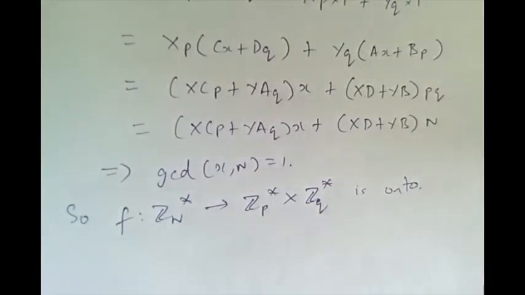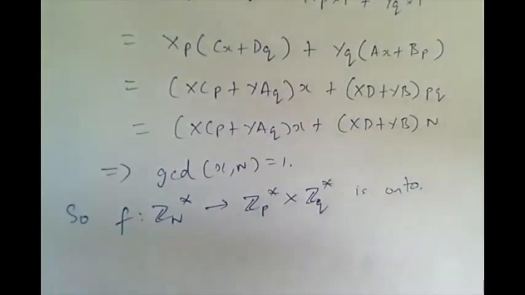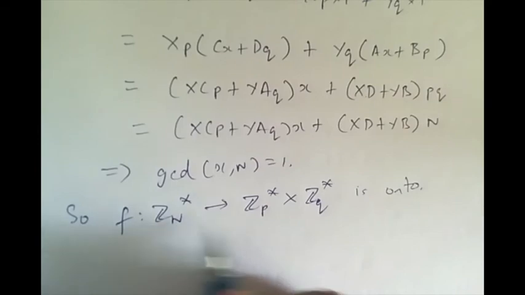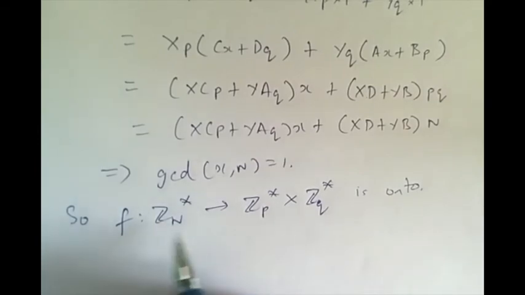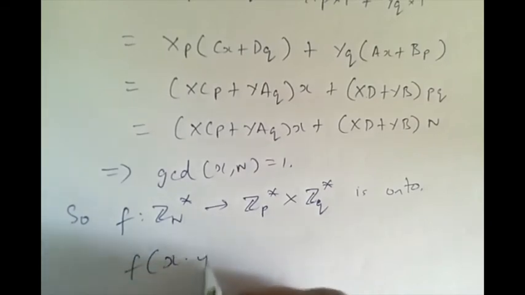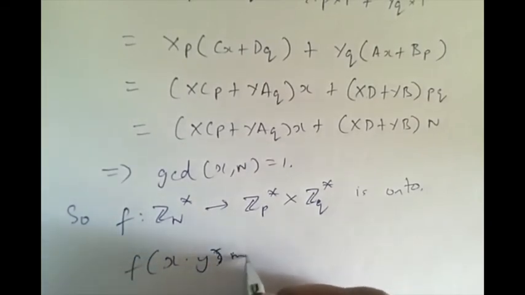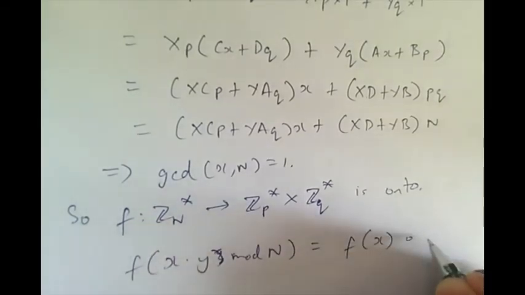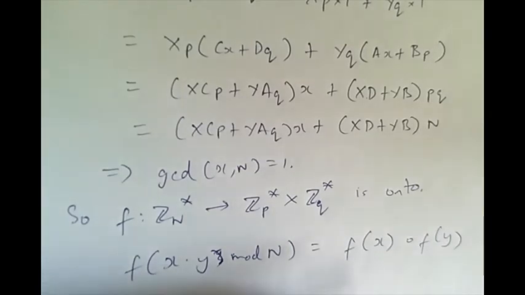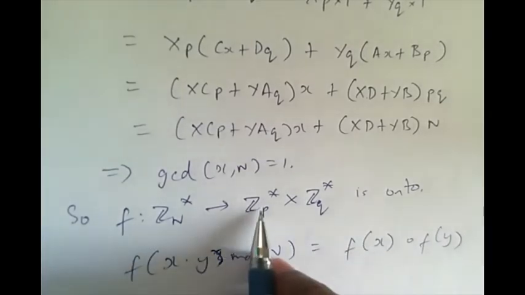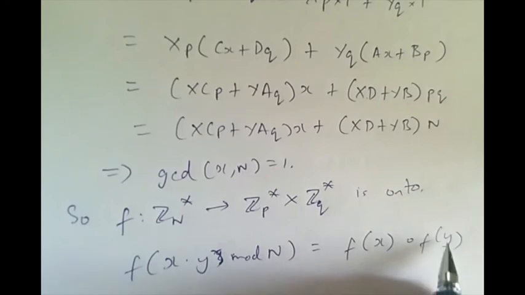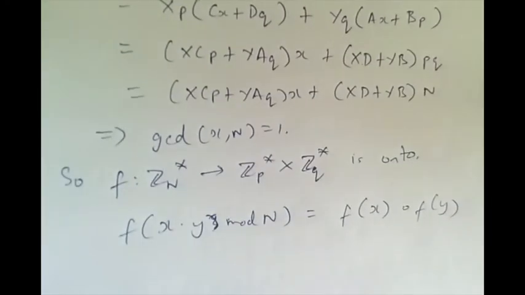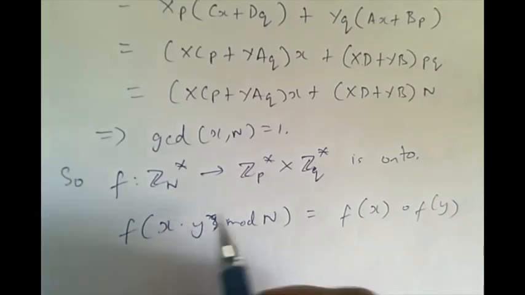So it's 1-to-1 and onto, hence it is a bijection. And to show that these two groups are isomorphic, we still have to check that f of x times y mod n is f x times f y, where f of x is the mapping into this group, f of y is the mapping into this group, and you do the coordinate-wise multiplication modulo p and modulo q, then you get the same answer.